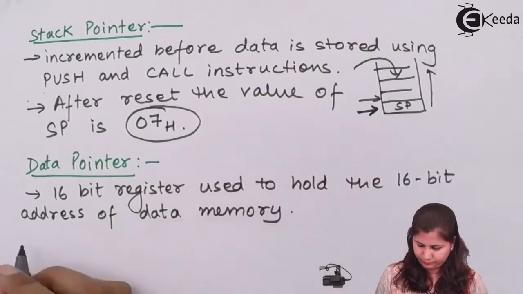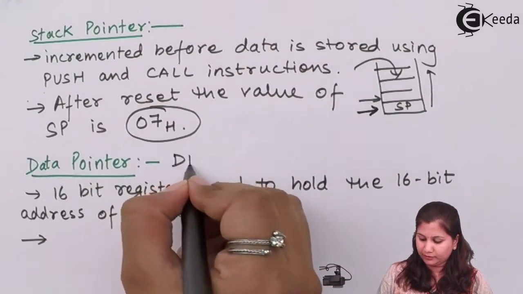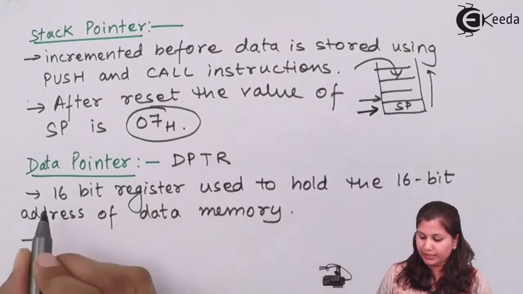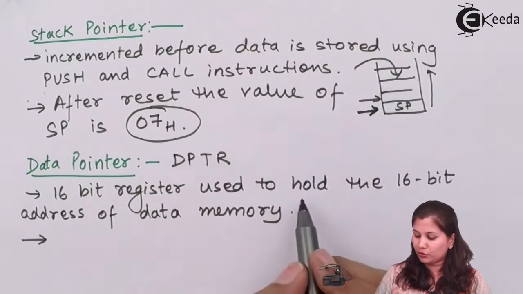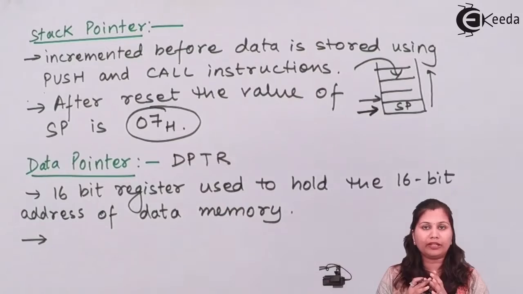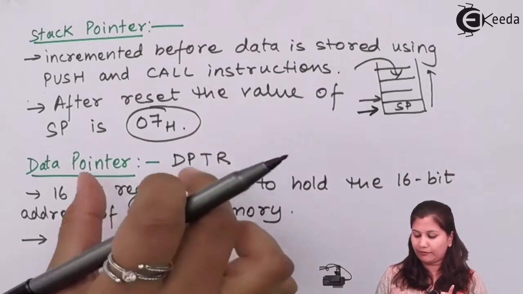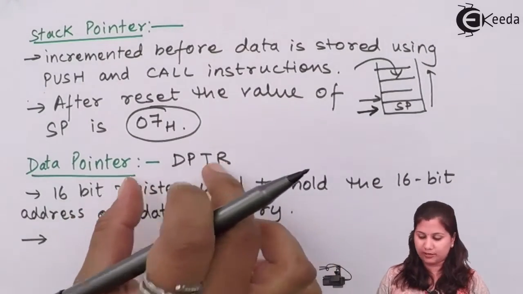So this DPTR, that is data pointer, is a 16-bit register which is used to hold the 16-bit address of the data memory. We have two memories in microcontrollers, data memory and program memory. So to hold the 16-bit address of data memory, we have this data pointer register.